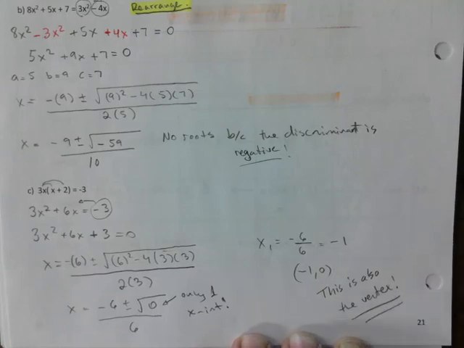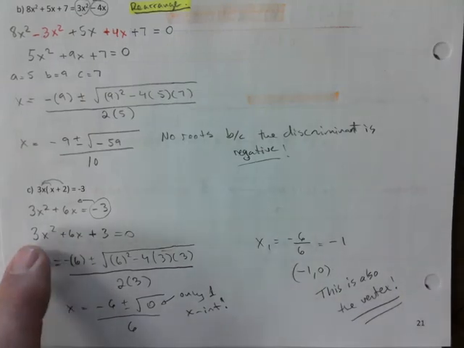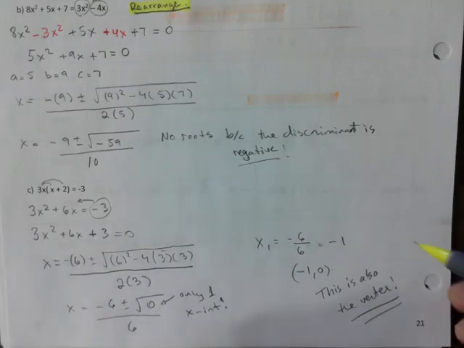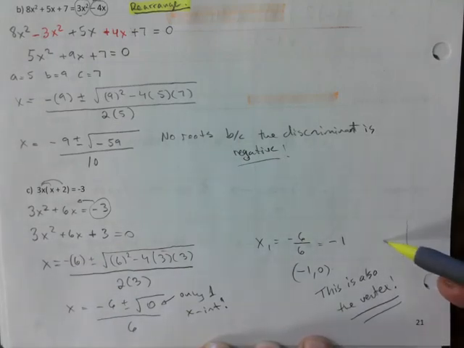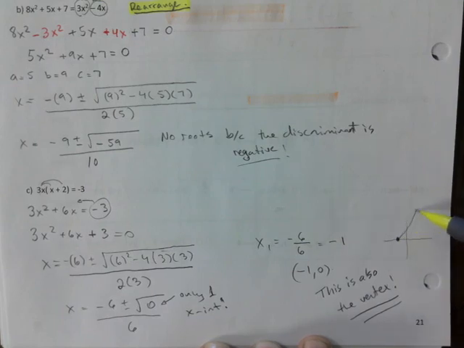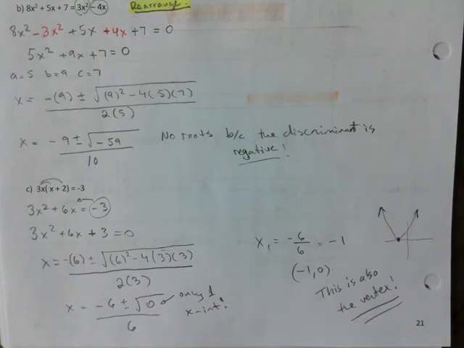Okay, which way is this pointing? This is pointing up, right? This is negative 1, 0, so it's somewhere there, and it's going to do that. Okay, graphing method. I think I'm going to stop here.